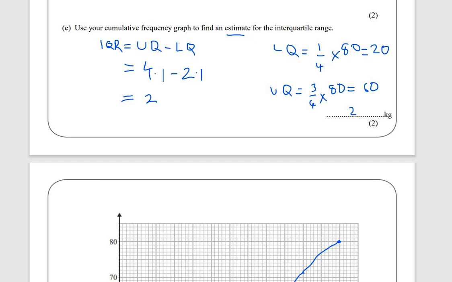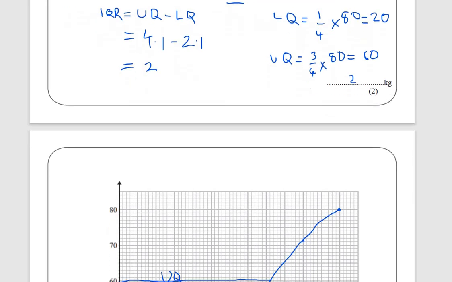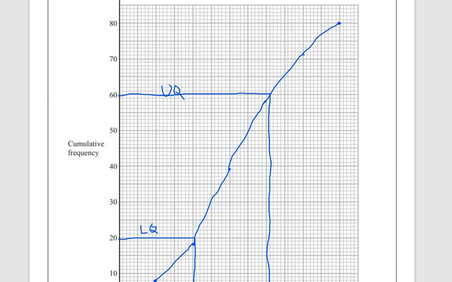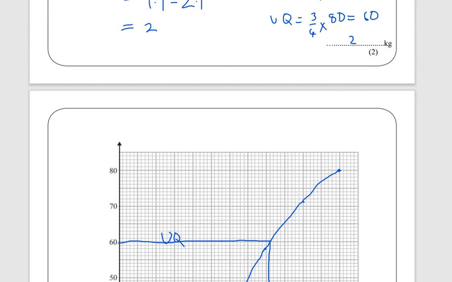And even though this question does not ask for the median, I would like to show how to find the median from the cumulative frequency graph. So the median happens to be at 50% or at half of the frequency. So median will be at 50% or half of the total frequency.